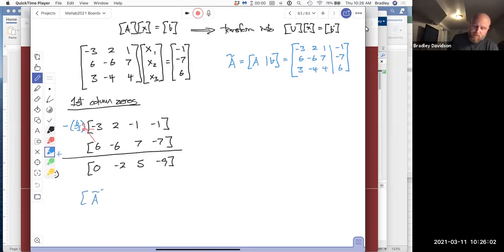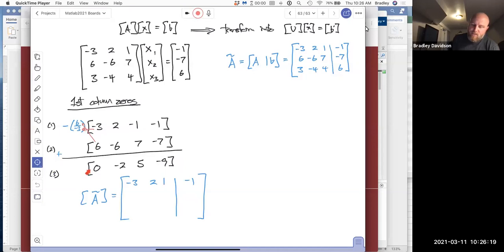I want to keep that first row, so -3, 2, and 1, -1. And then I want to substitute in this third row for the second row. So let's do that. So this becomes 0, -2, 5, -9.